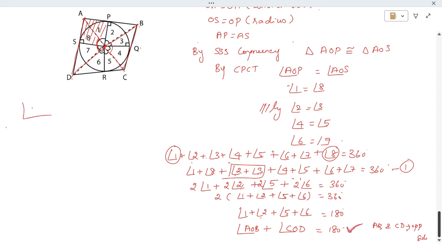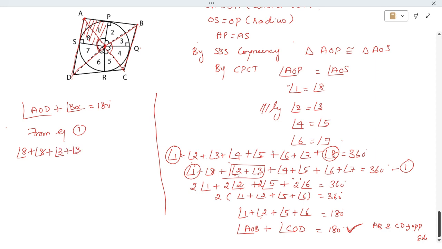In case I have to prove angle AOD plus angle BOC equal to 180 degree, from equation 1, I can replace angle 1 as angle 8. Okay, so angle 8 plus angle 8. Okay, and angle 2 and angle 3 will be replaced as angle 3 plus angle 3, because angle 2 and angle 3 are equal, so angle 2 I replaced as angle 3.